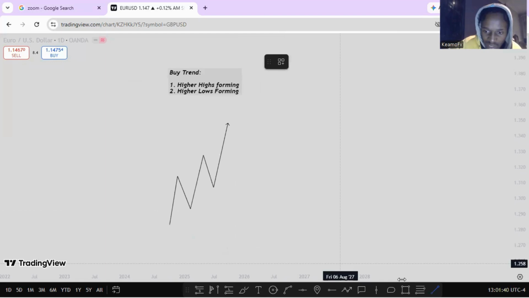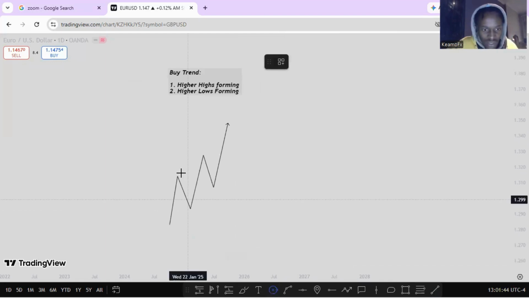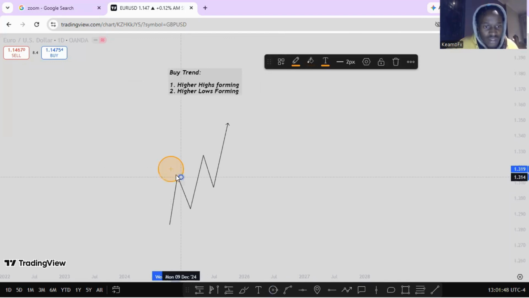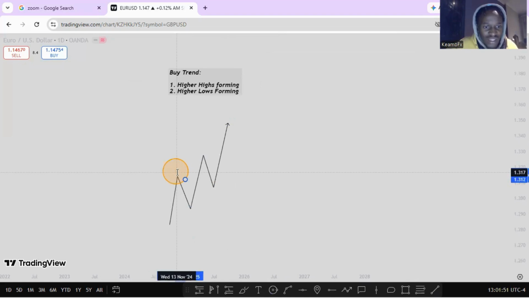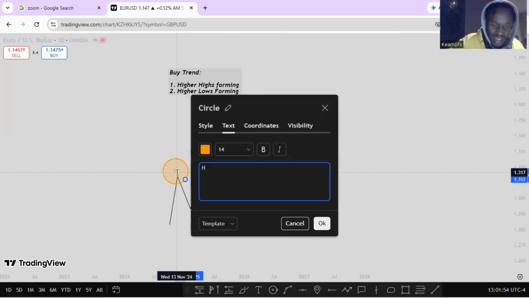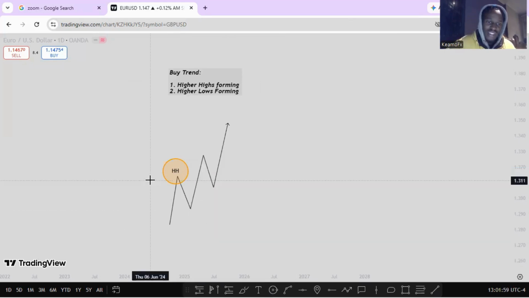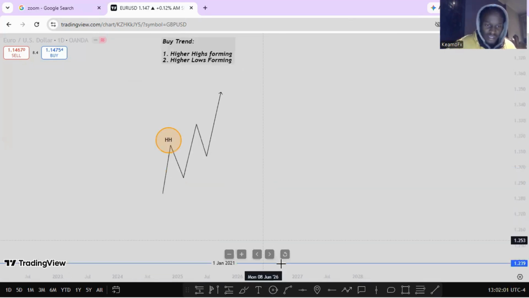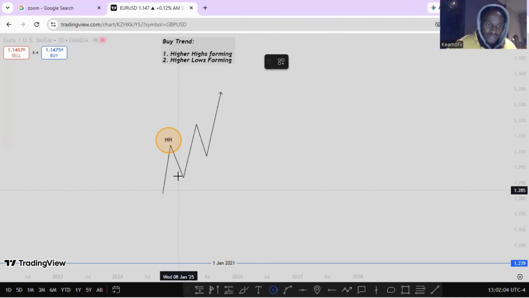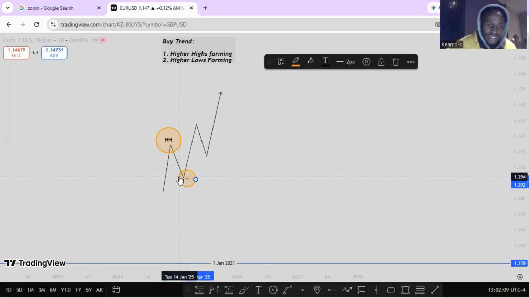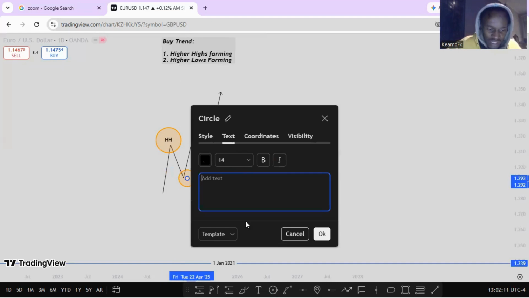So let me price that for you so that it actually makes sense to you guys. Pay attention to these circles. Circle number one here, this is a higher high, right? And I'm gonna change that color to maybe black so you can see it. And then this is a higher low. So HH means higher high, HL means higher low, right?